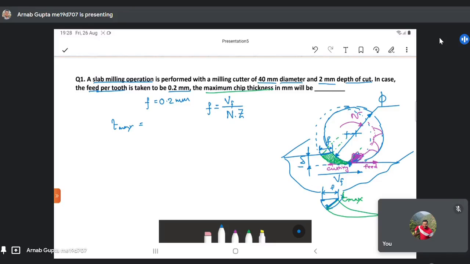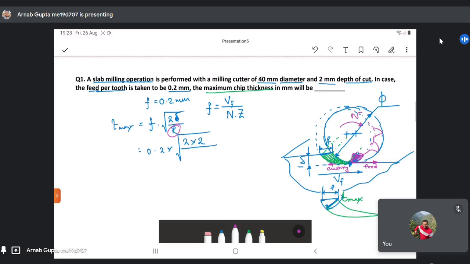So you have a formula for Tmax, which is f into root over of 2δ by R. Sorry, it will be f into root over of δ by R, where δ is the depth of cut. So if you are putting in the value 0.2 into root over of 2 into 2 divided by... see, this is the radius of the cutter and you are being provided with the diameter.